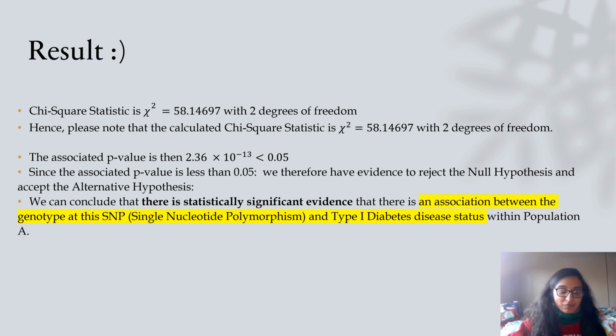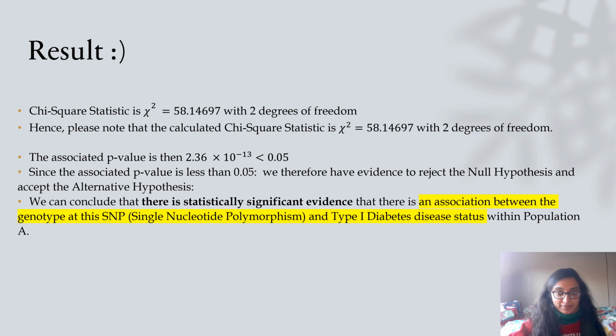So all in all, what we found is that a chi-squared statistic is 58.14697 with 2 degrees of freedom. Again, so it's 2 degrees of freedom. Associated p-value is 2.36 times 10 to the negative 13, which is much less than 0.05. So since the associated p-value is less than 0.05, we therefore had evidence to reject the null hypothesis and accept the alternative hypothesis instead.